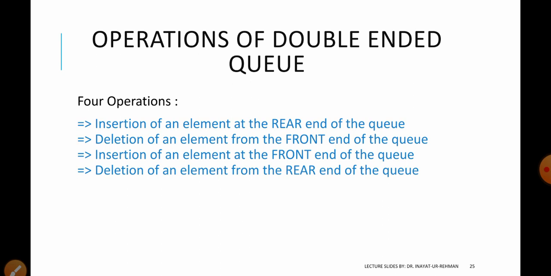Then insertion of an element at the front end of the queue, which is different from an ordinary queue, as in an ordinary queue we enqueue the element at the rear index. And the fourth operation is deletion of an element from the rear end of the queue, which is the same as in the stack.